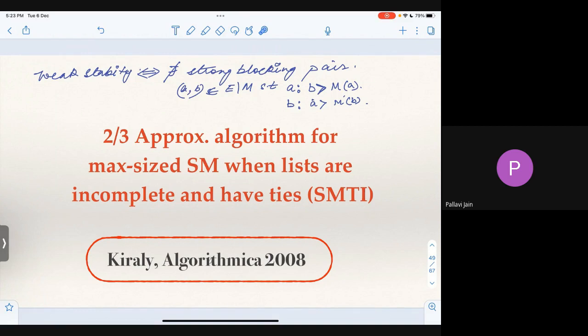When you have ties, can we do something with Gale Shapley? Can we come up with any stable matching that matches this specification? Okay.